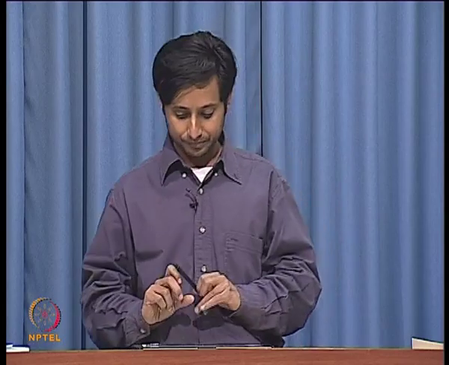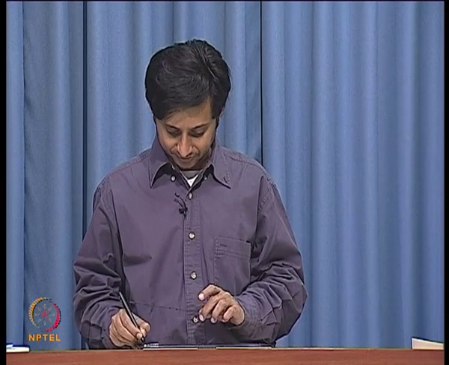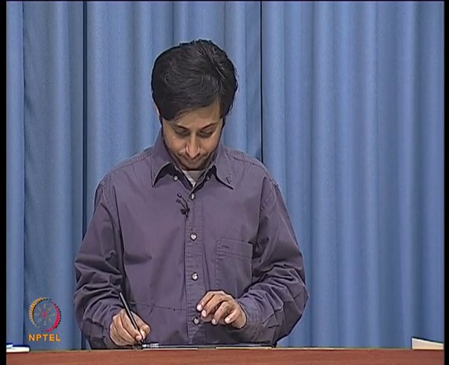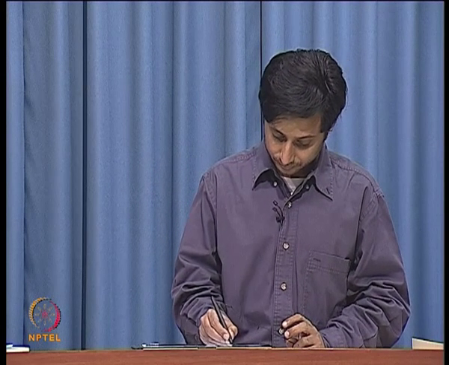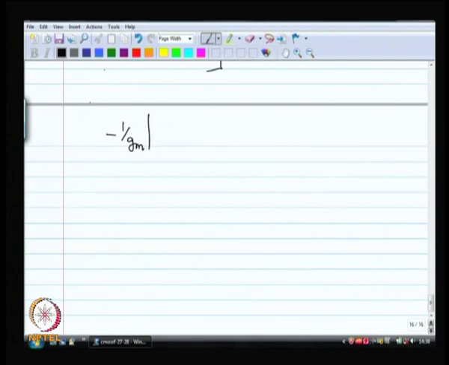I can always make Gm large. I can make Gm large enough to drown out R parallel RDS. Is it possible to do that? Yes, it is possible to do that. What happens in that case? What are you going to see? So, you have got a negative resistor in parallel with some positive resistance, let us call it R prime.